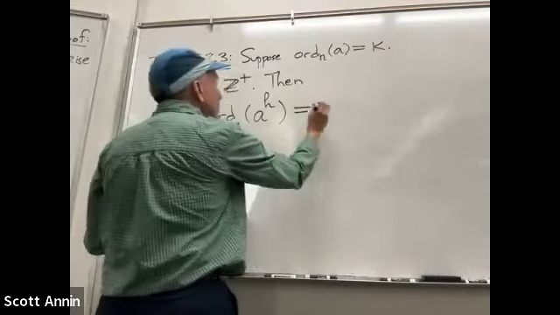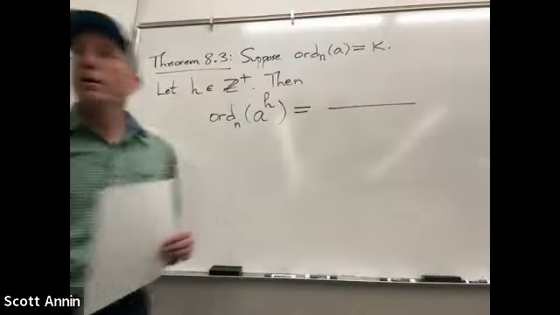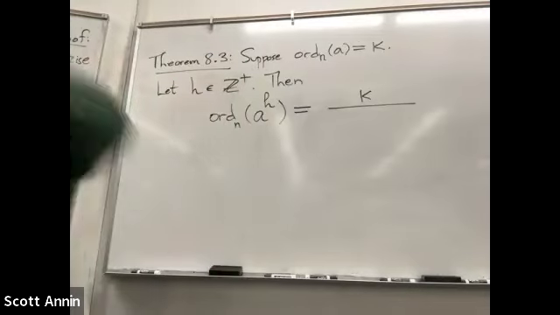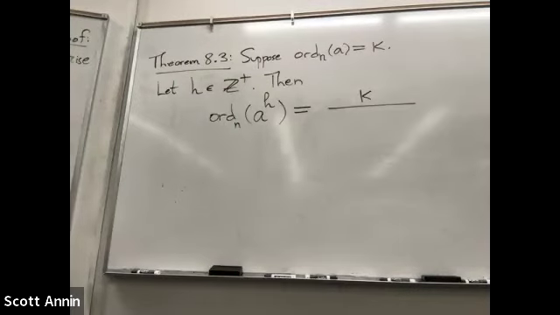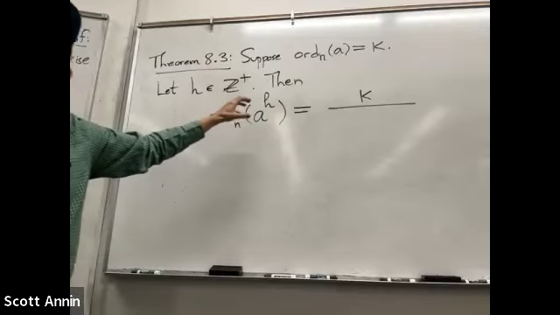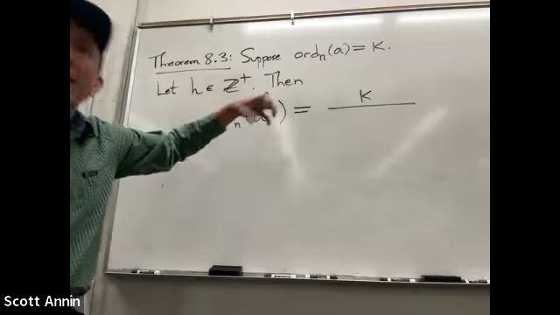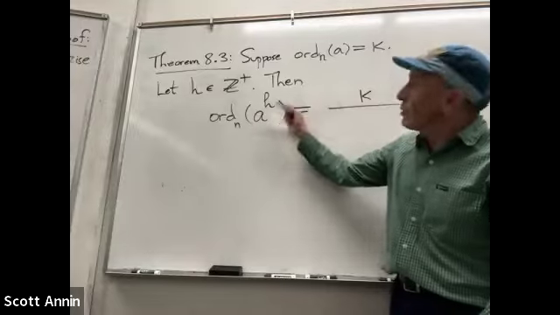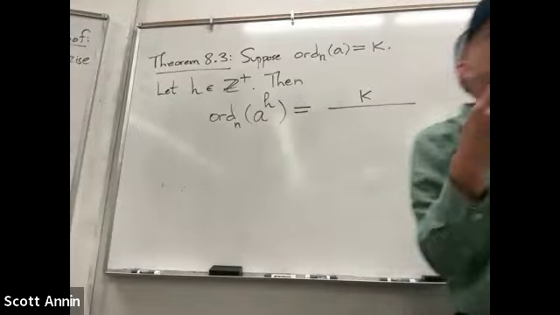Well, it turns out that the order of this one is you take the k, which was the order of the original a, and actually the order is going to come down. That makes sense because if you're taking powers of a, you would need fewer powers of a to the h to get back to 1 than you would need powers of a.